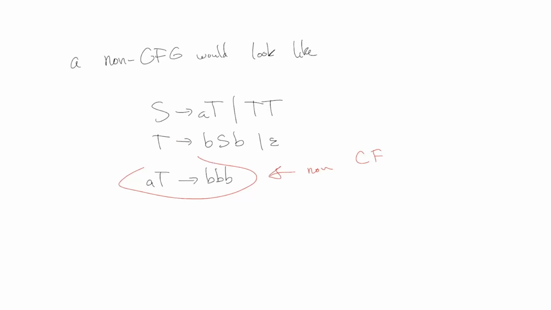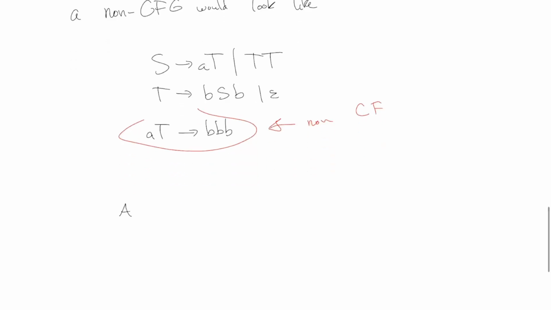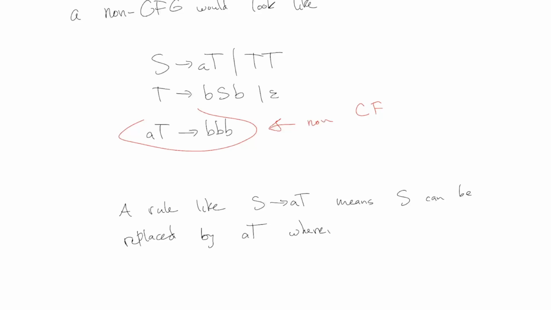And what does all of this have to do with context? The idea is that a rule like S goes to AT means S can be replaced by AT wherever it appears.